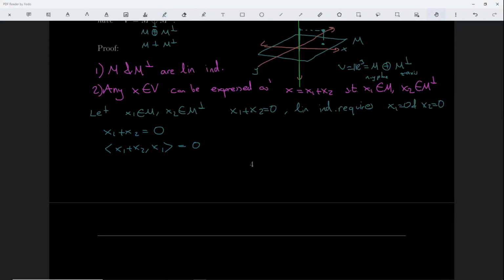Since I have linearity with respect to the first argument of the inner product, I can further write that as the inner product of x1 and x1 plus the inner product of x2 and x1, right?